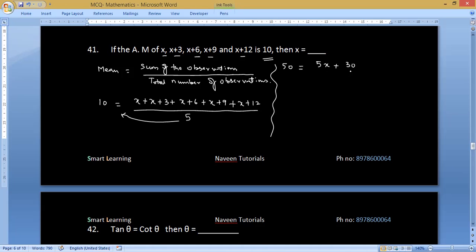So 30. I'm moving this 30 outside. So 50 minus 30 is equal to 5x. So 50 minus 30 is nothing but 20. So 5x is equal to 20. x is equal to 20 by 5. 5 fours are 20. x is equal to 4.